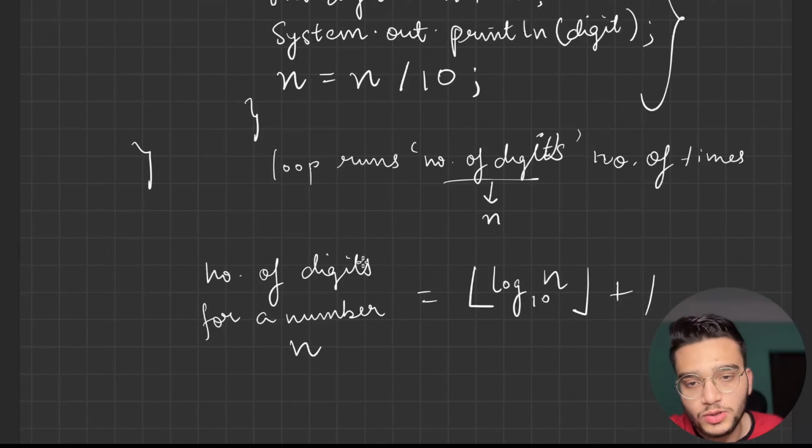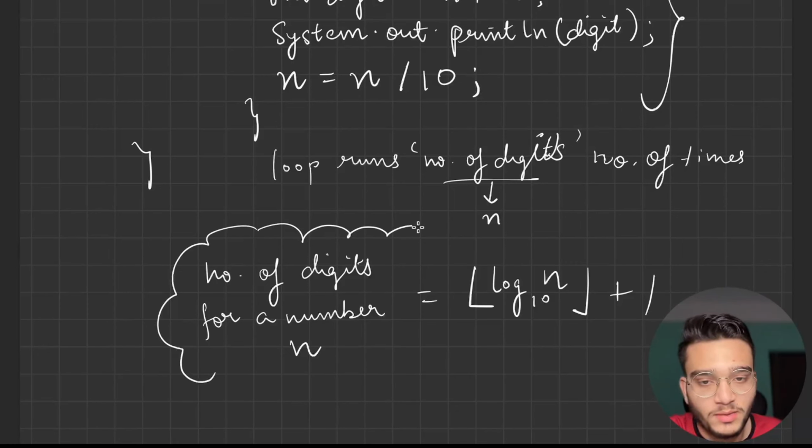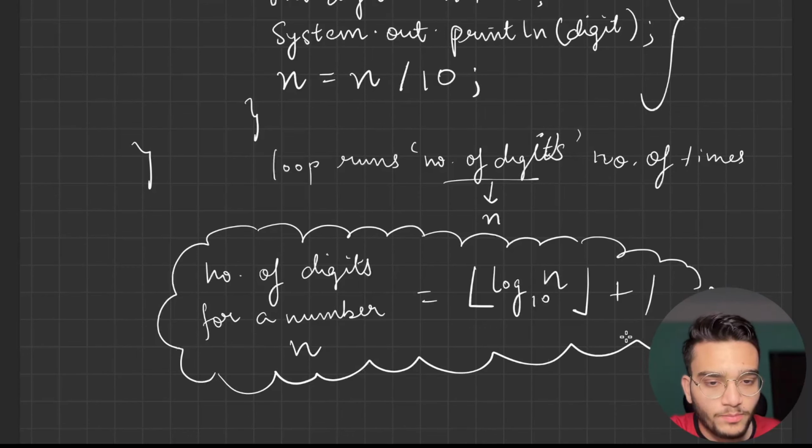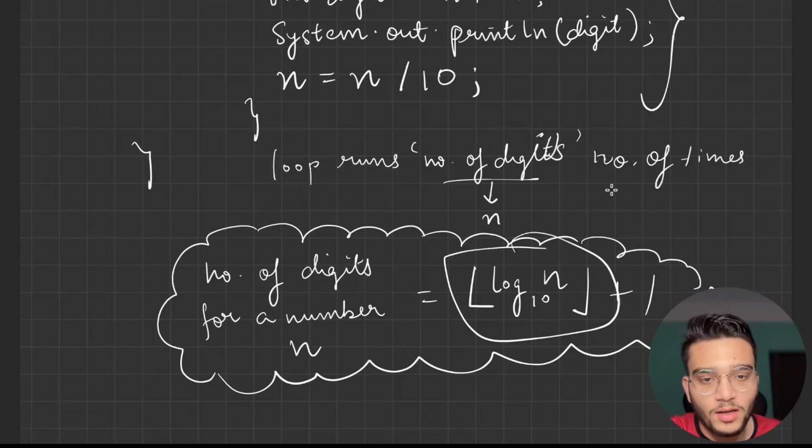Okay, so this is a theorem in mathematics. We have a big proof behind this. Let's not go there. So you just need to remember this, and as you can see that the while loop is directly proportional to this log of n base 10.